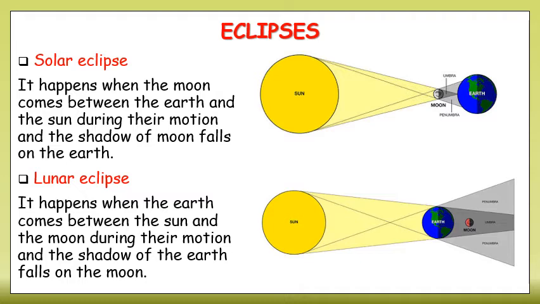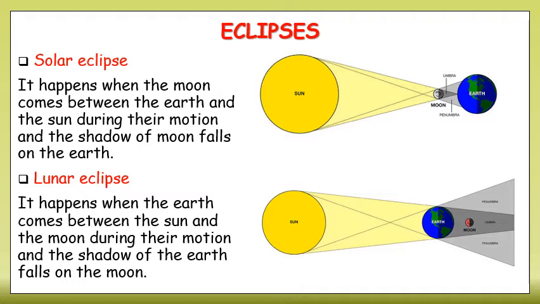When the sun, the moon and the earth are in a straight line with the moon in the center, in that condition, the moon blocks the light of the sun from reaching the earth. Thus, the shadow of the moon is formed on the earth. Hence, the sun will not be visible from that part of the earth, and this is called a solar eclipse.